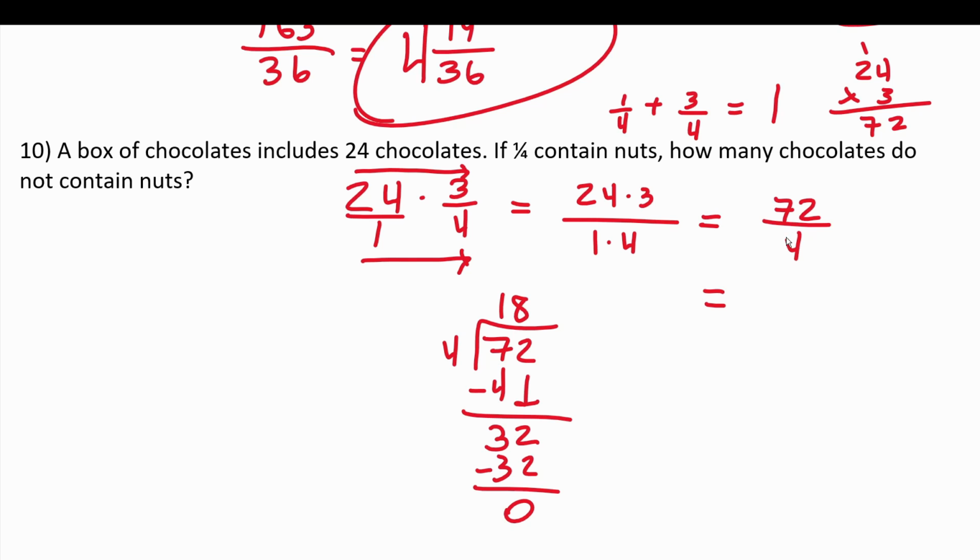So we can see that 72 divided by 4 is 18. So if there are 24 chocolates in this box and 1/4 contain nuts, that means 3/4 don't contain nuts, which means 18 don't contain nuts. Okay, so that's that one.